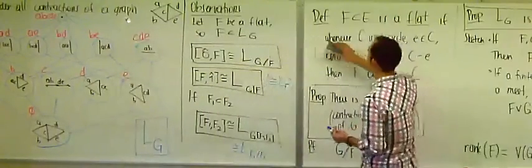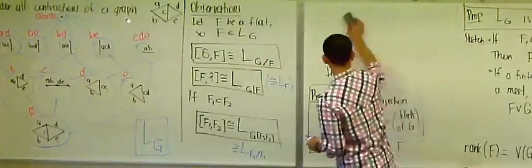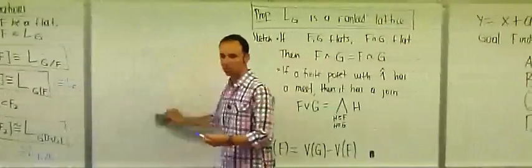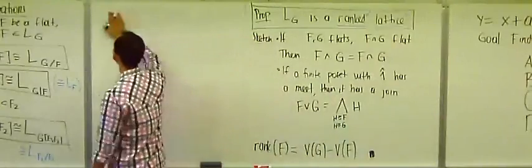What else do we need to have a hereditary family? We need to be closed under taking products. And that turns out to be pretty easy also.